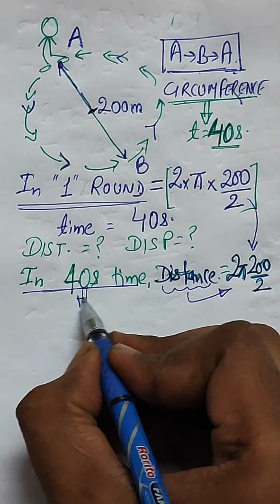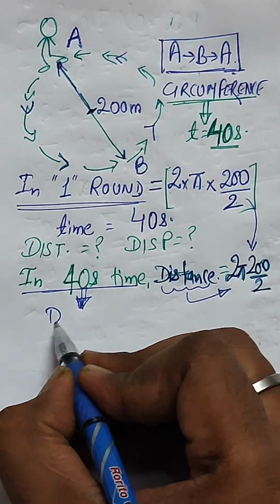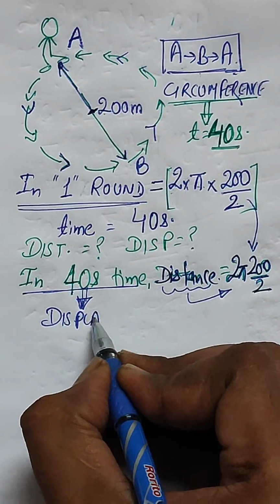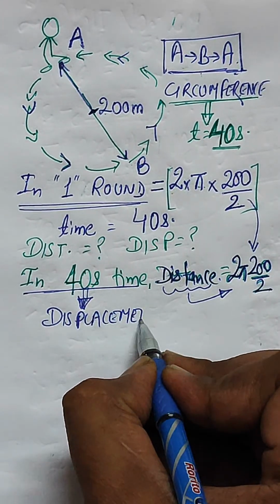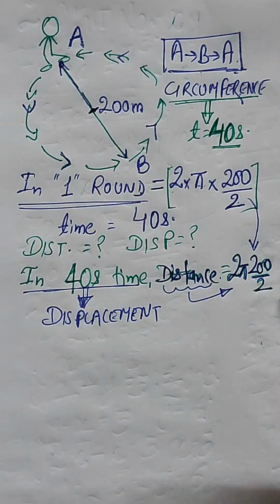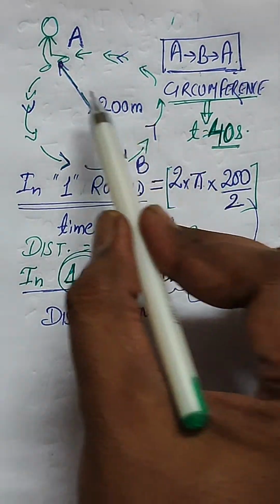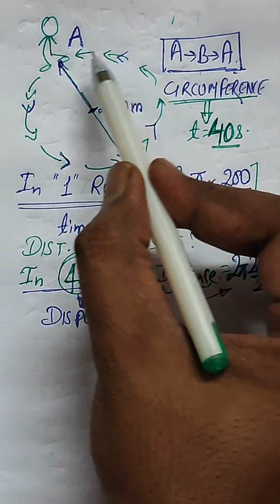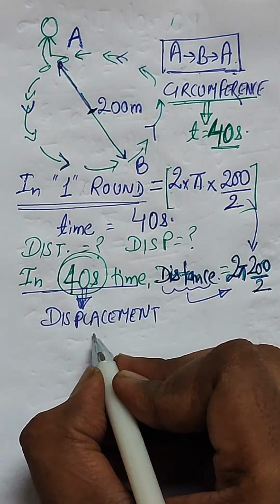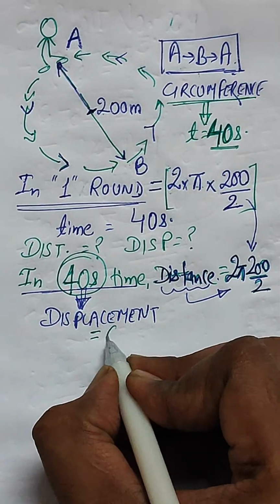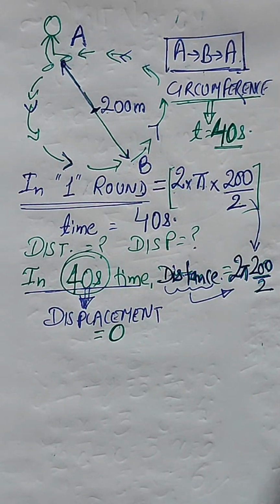But how much will the displacement be in this much of time? Definitely in 40 seconds of time he completes one round. That means the displacement will be 0.